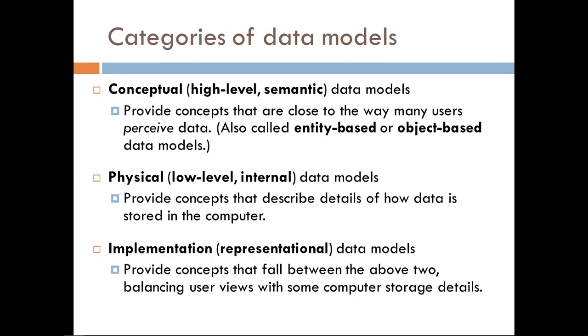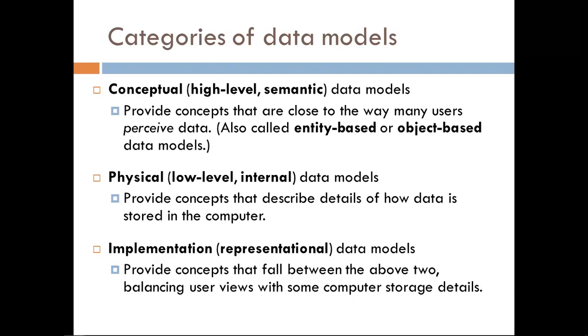From a Java programmer's point of view, the database will be perceived as an entity or just as an object, and we don't bother about how the data is processed and stored in the hard disk. That level of detail is called the conceptual data model, or the example which we discussed in the beginning of the class, that is, the 6 set of tables and the rules. If you just define that, that becomes the conceptual model.